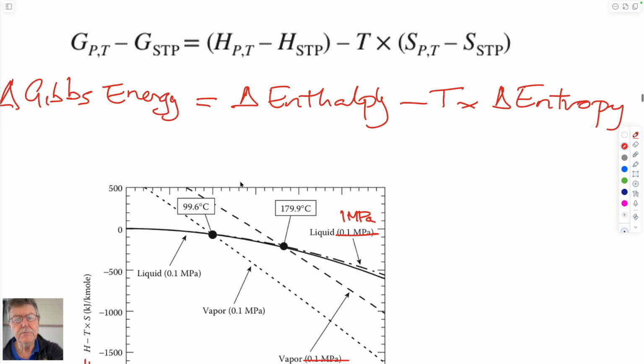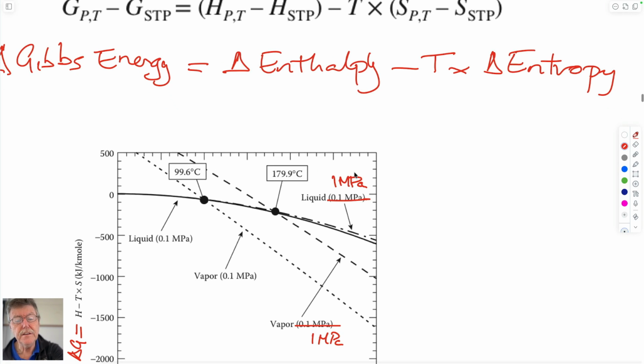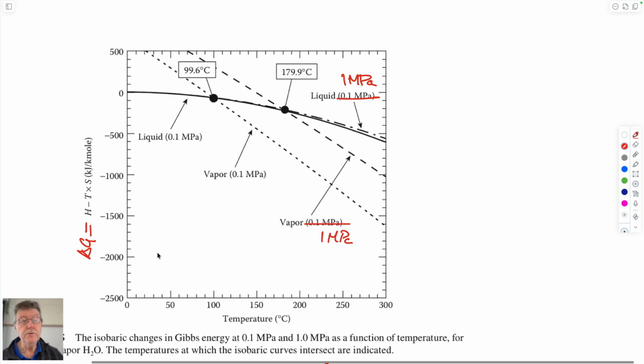So I'm not going to say anything more than that other than to define this and to make the point that the change in Gibbs free energy is enthalpy minus temperature times entropy. You can define this in terms of work per mass, per kilogram, or work per mole, if you do it on a molar basis.